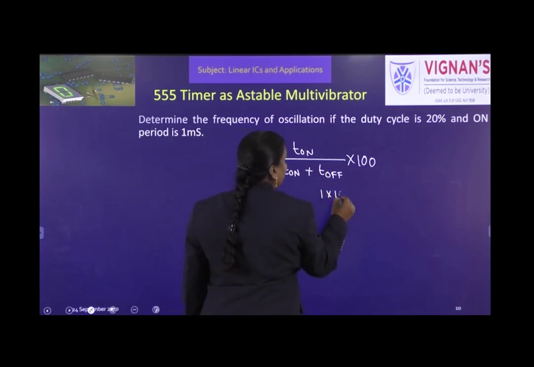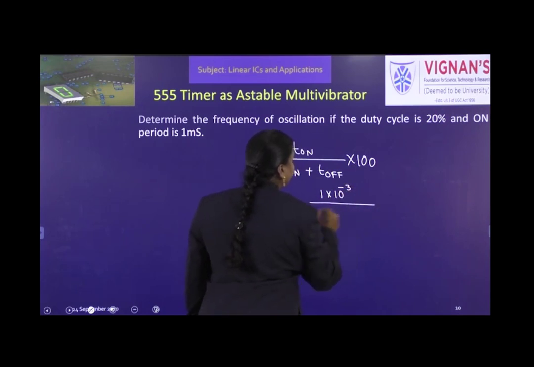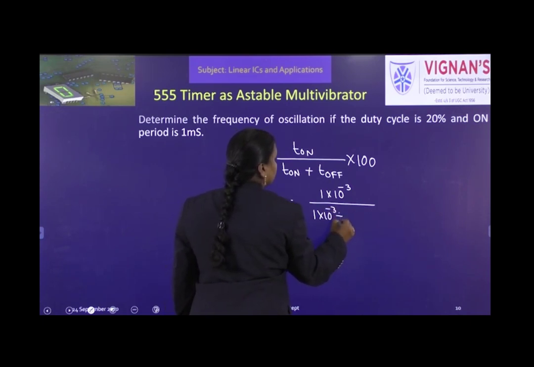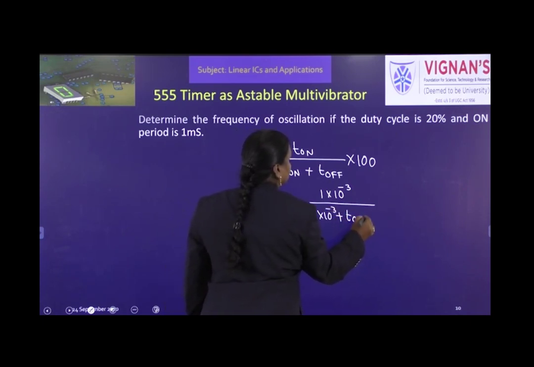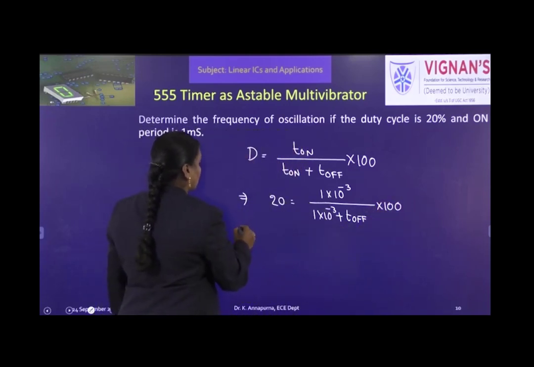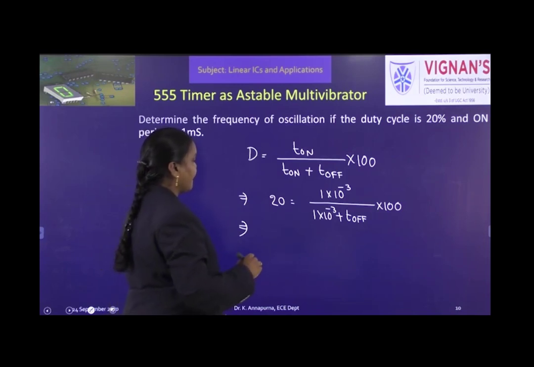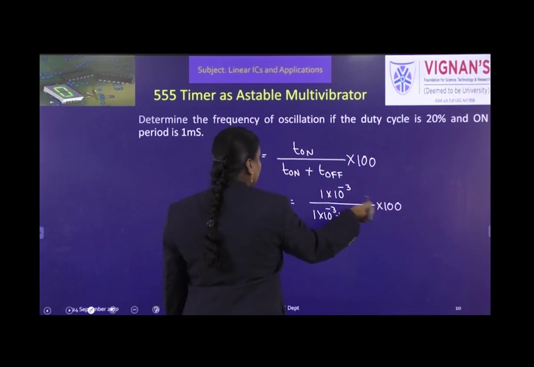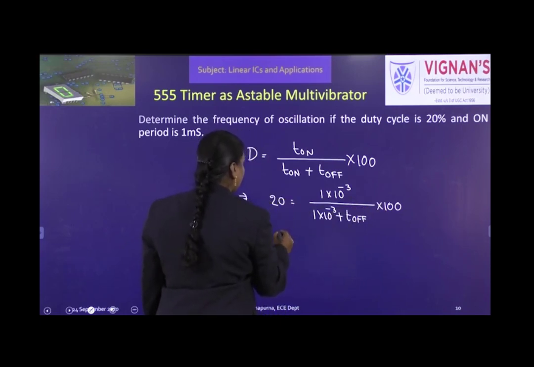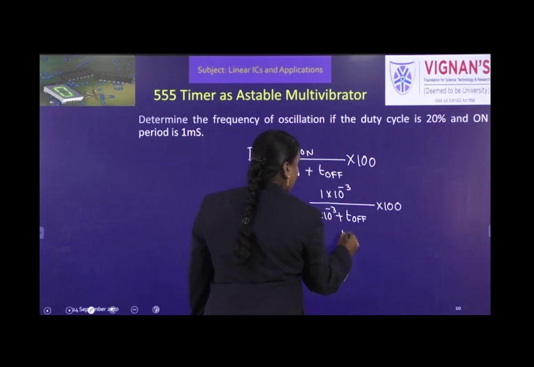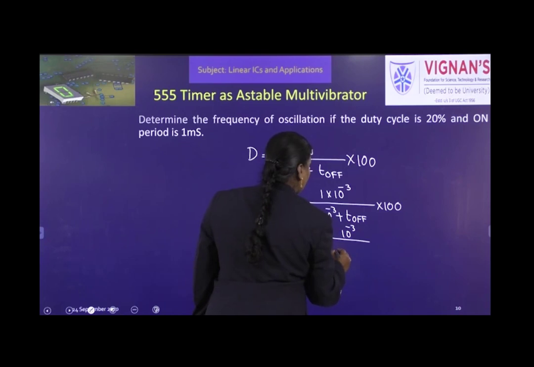So 1 into 10 power minus 3 by (1 into 10 power minus 3 plus T off) into 100. Right? So if you simplify this, if I take this 100 to this side, it becomes 1 by 5, that is 0.2, equal to 10 power minus 3 by (10 power minus 3 plus T off).